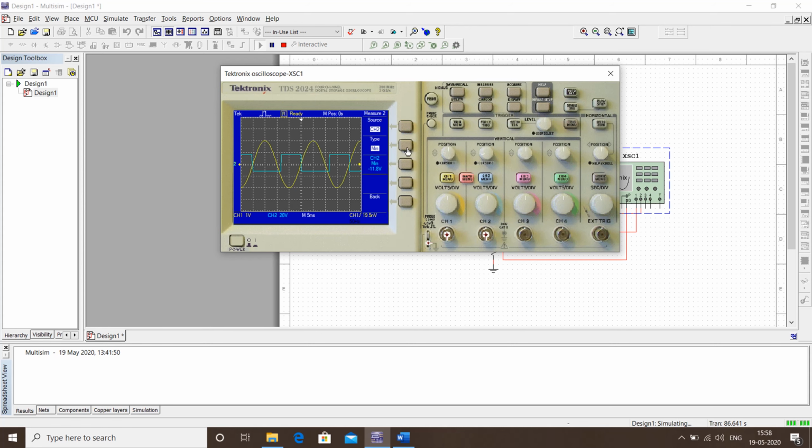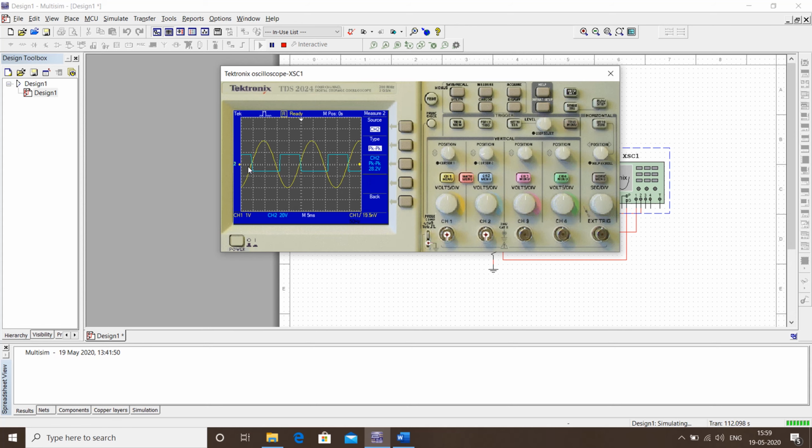Moving on to this, the frequency is nearly the same as that of the input, and the time period is 20 milliseconds. The peak to peak value is nearly 28.2, it should be 14 plus 14. So the saturation values 14 plus 14 is 28, and here it is showing 28.2, which is the exact value.